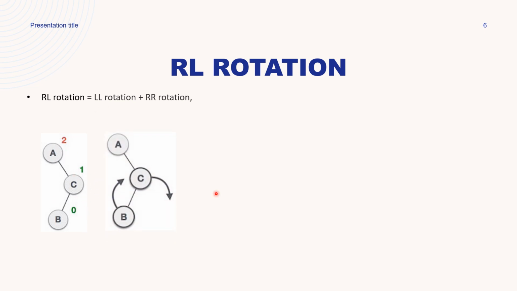At this particular subtree, we need to perform the clockwise rotation, so that it becomes a right unbalanced tree. This condition is for the RR rotation, which we have already seen in previous slides.